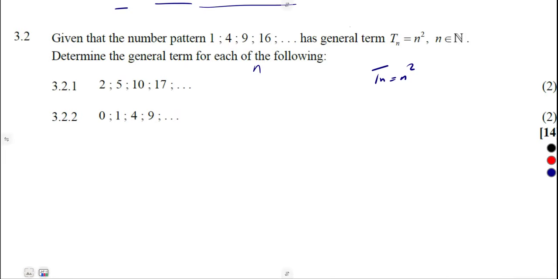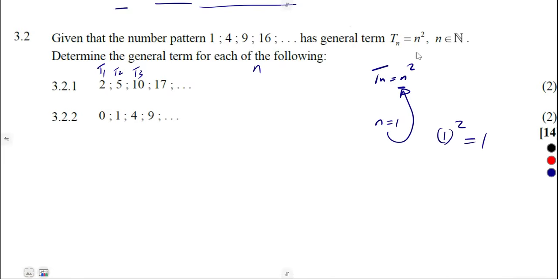How can we get your expression? Does it work from that n squared? What can we do? The first term T1 is 2, T2 is 5, T3 is 10. So if we say n is 1, if we substitute 1 in n squared, it's going to be 1 squared, which is 1.